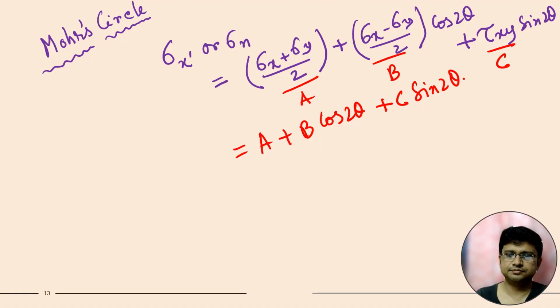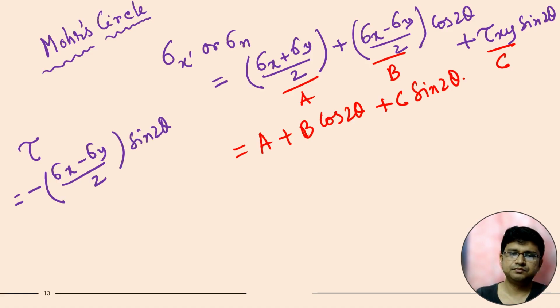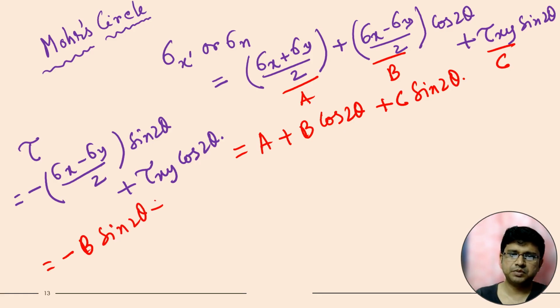Now the equation of shear stress, tau, is minus sigma x minus sigma y by 2 sin 2 theta plus tau xy cos 2 theta. So it can be written as minus B sin 2 theta plus C cos 2 theta. Same as before, sigma x minus sigma y by 2 is B, and tau xy is C.